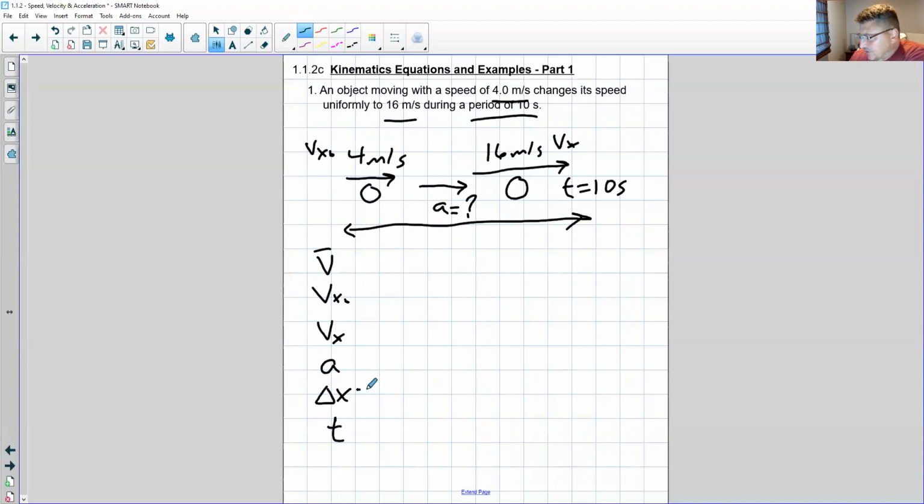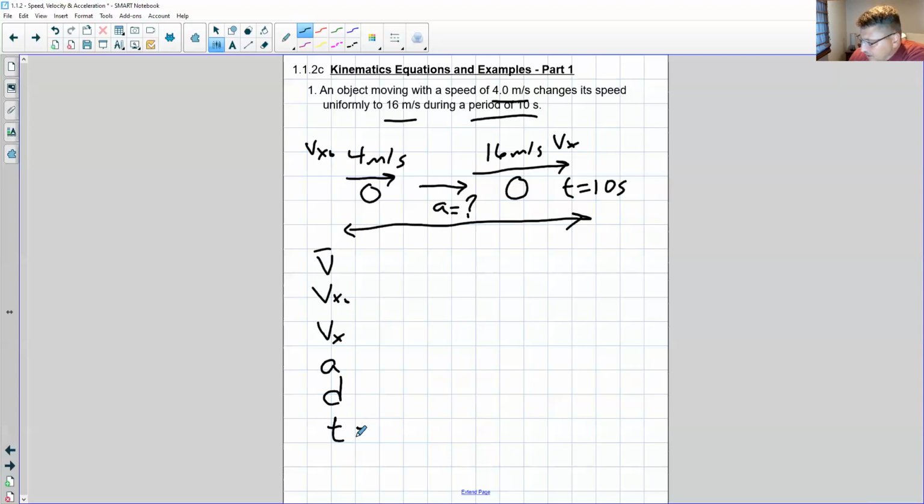In this case, we'd be calculating not change in position, but distance, because they're not necessarily equal. We'd be calculating distance because we are talking about speed. We would not be able to calculate change in position because we don't know what direction things are going in. So it would be D.